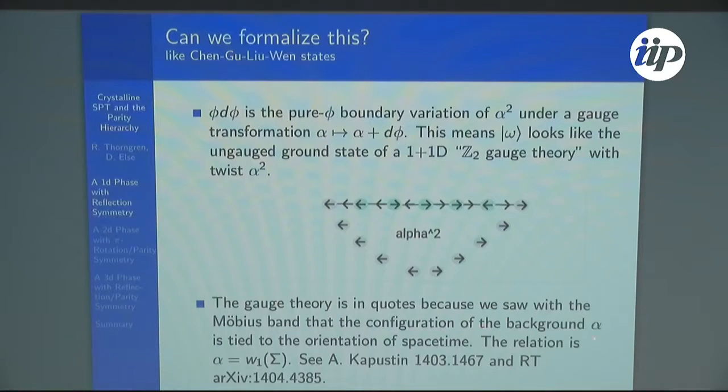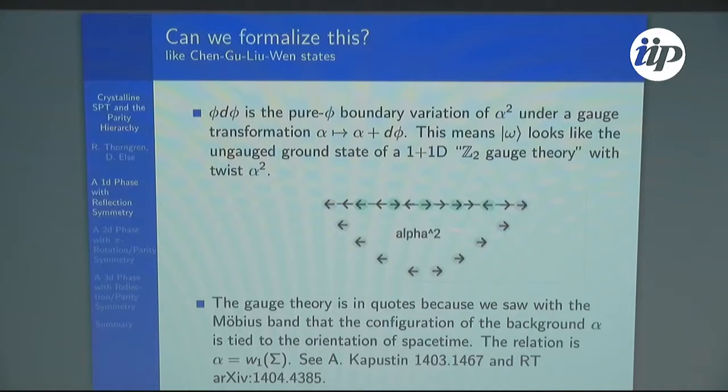So really this gauge field associated to reflection symmetry is determined by: if there's an orientable cycle in the space-time, then there's no Aharonov-Bohm phase. If it's orientation reversing, then there's Aharonov-Bohm phase -1, in a sense.